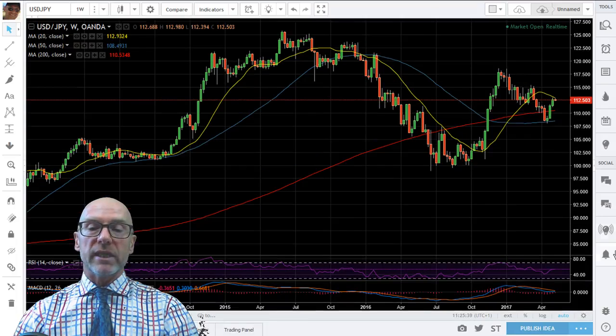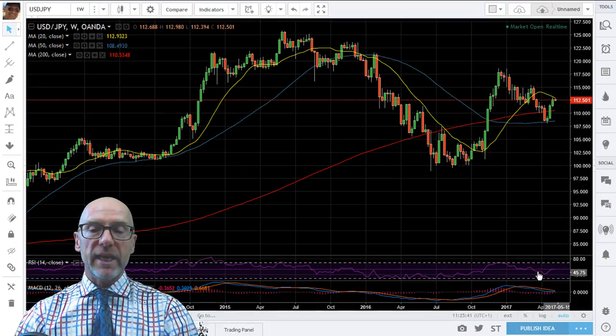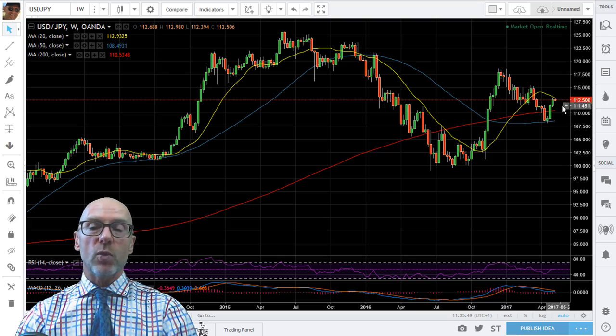However, looking at the weekly, here you can see that the 20-week moving average has downtracked quite aggressively over the last 3 to 4 weeks, and is now as dominant on the weekly as the downtrend is on the daily.